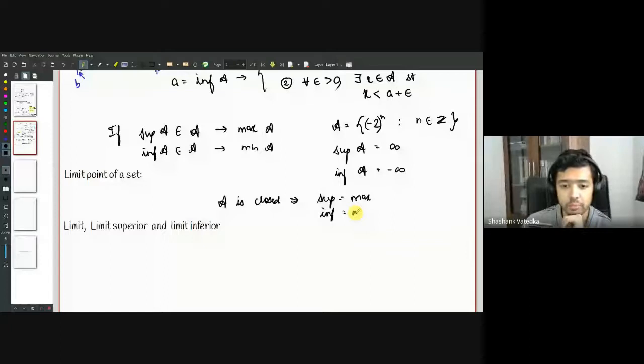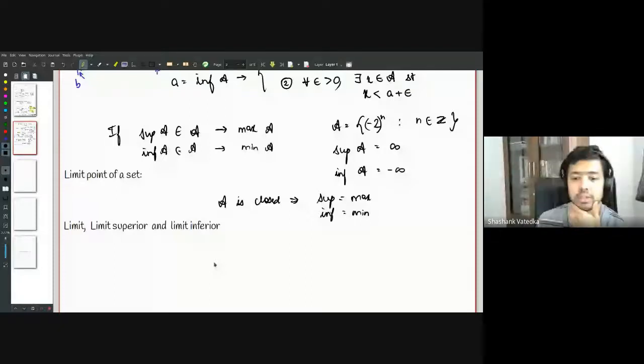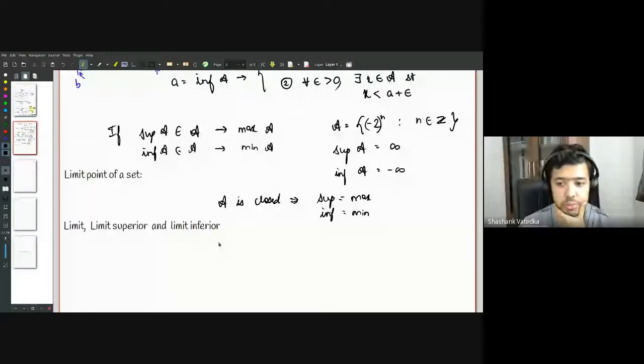But if the set A is open, then in general the supremum may not be equal to the maximum. That is, the maximum may not exist.